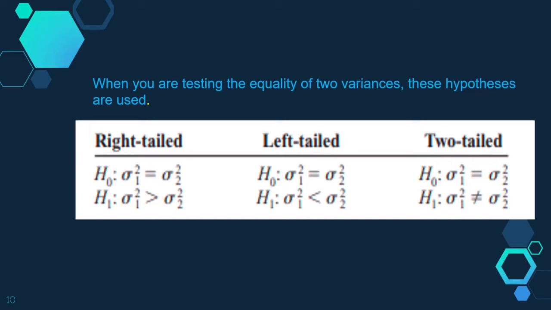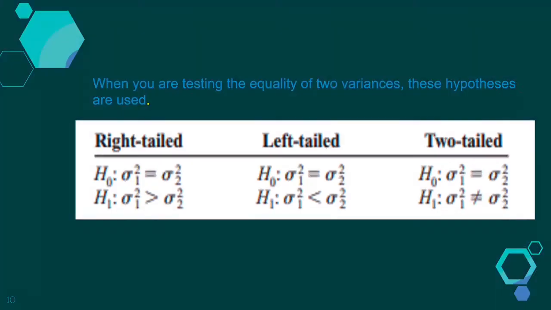And the two-tailed has the null hypothesis sigma squared sub 1 is equal to sigma squared sub 2, and the alternative hypothesis is sigma squared sub 1 is not equal to sigma squared sub 2. There are 4 key points to keep in mind when you are using the F-test.